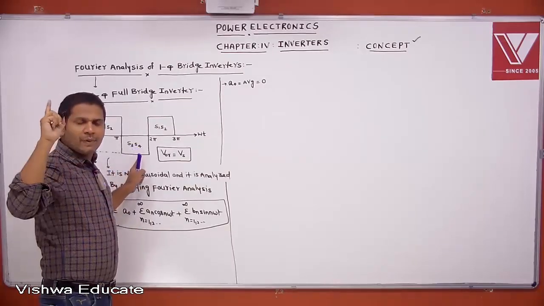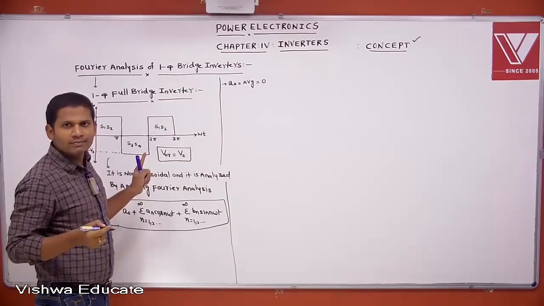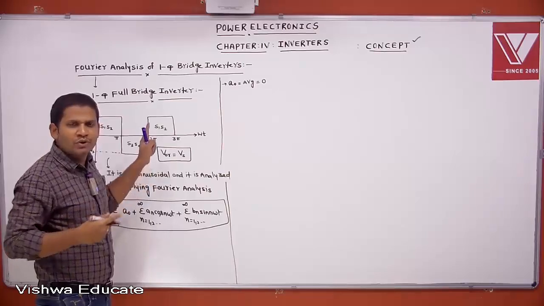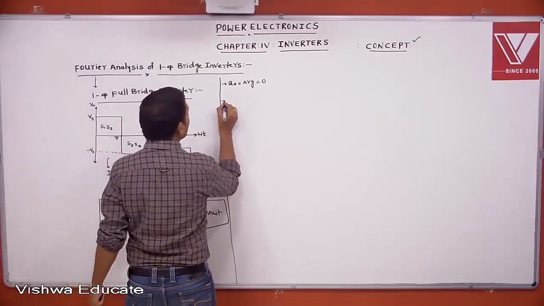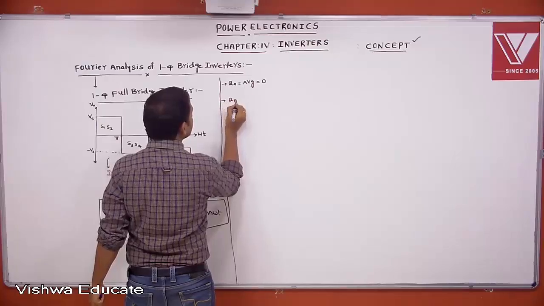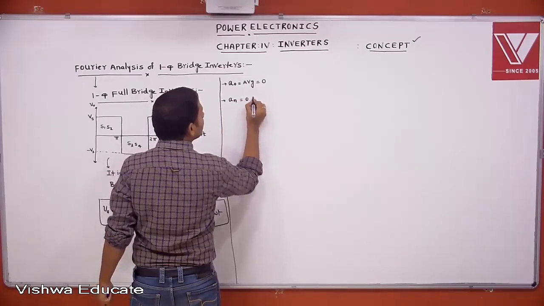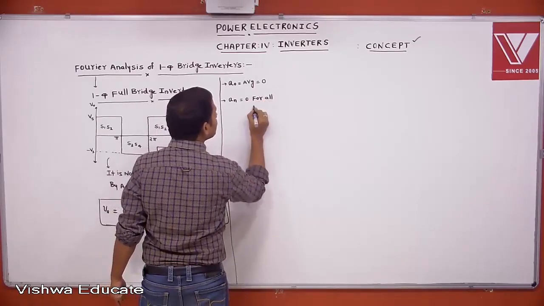That I clearly explained even in the rectifiers. How to calculate An and how to calculate Bn. Then by applying those Fourier analysis formulas, once again no need to do that analysis here. Directly I am giving. The value of An equals 0 for all values of n.